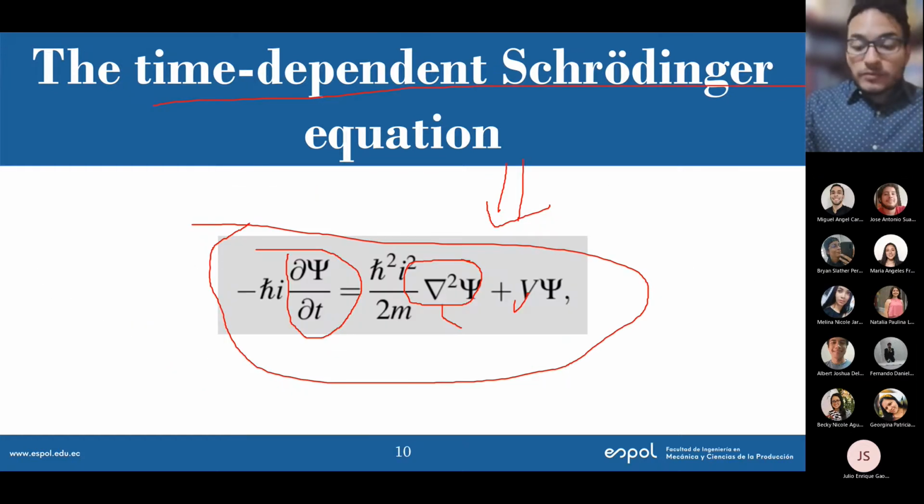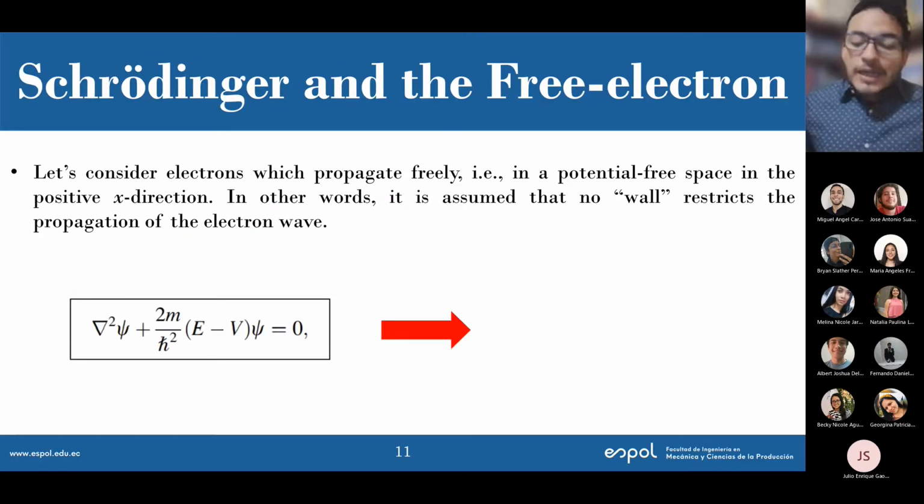To sort of demonstrate that, let's do this, guys. Let's go to the first and simplest case of the Schrodinger equation, talking about free electrons. What does it mean when I say a free electron?